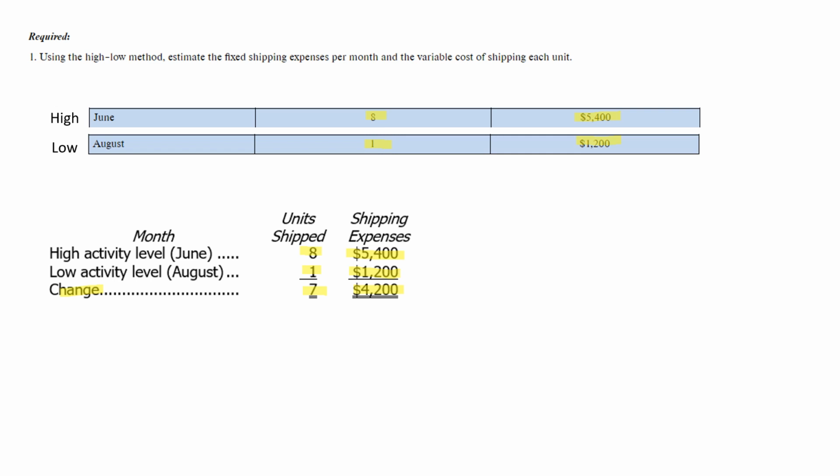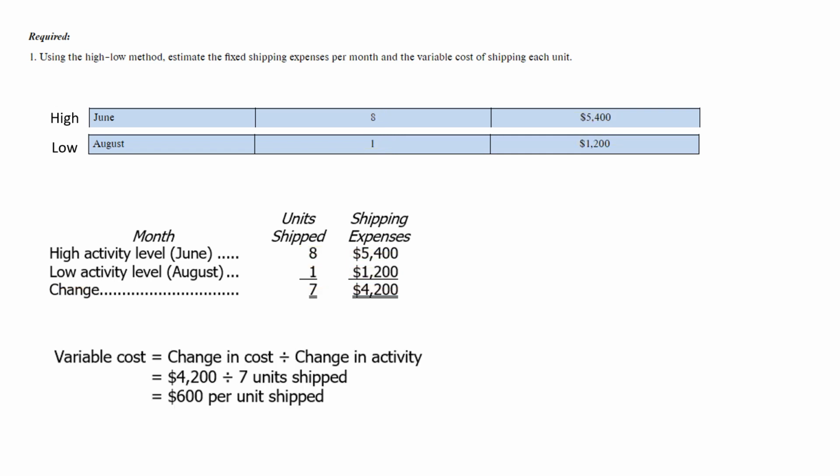So now we can use this to first find the variable cost of shipping each unit. Our formula for this is our variable cost is going to be our change in cost divided by our change in activity. Using the information we took above, our change in cost was 4,200, and our change in units shipped was 7.